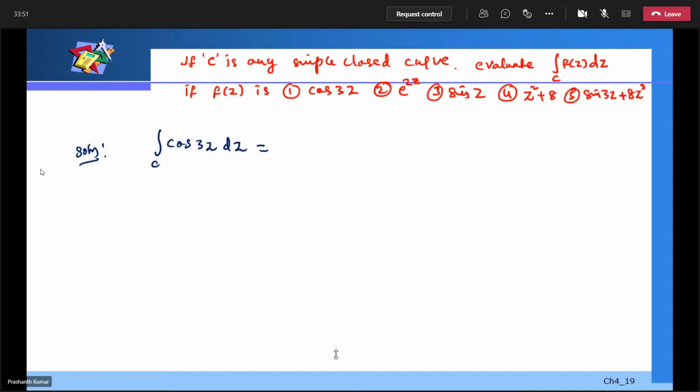Harika. Monica. Harika, tell me. What is the integral over C of cos 3z dz when C is any simple closed contour? So that is we consider within the C.